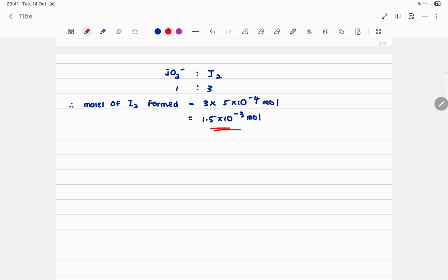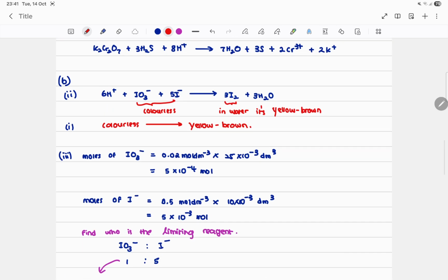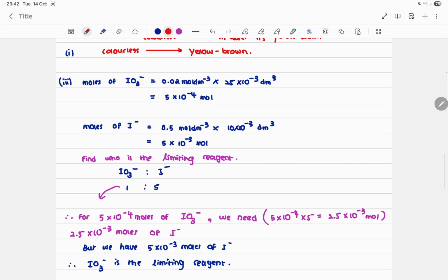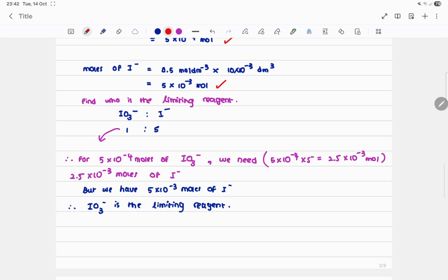Now, they have given a question like this, where there is excess of acid and excess of KI with acid. The limiting reagent is already given in the question itself. But in case, we should just find out. First we find the moles of IO3 minus, then the moles of I minus.